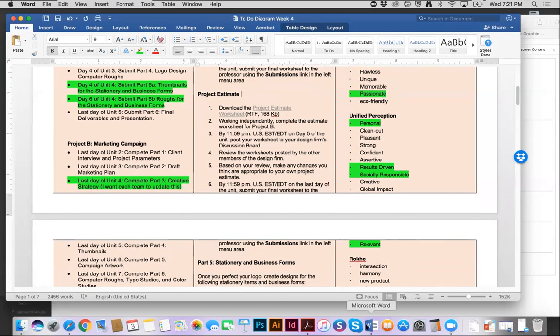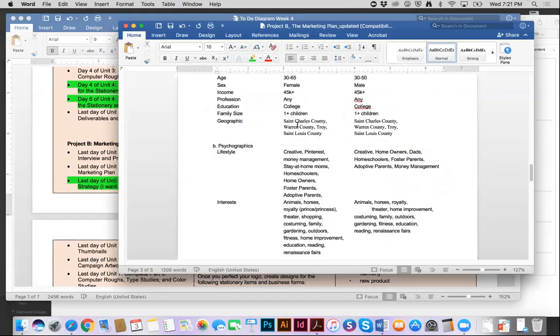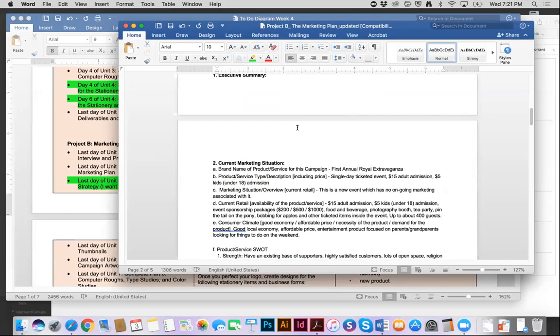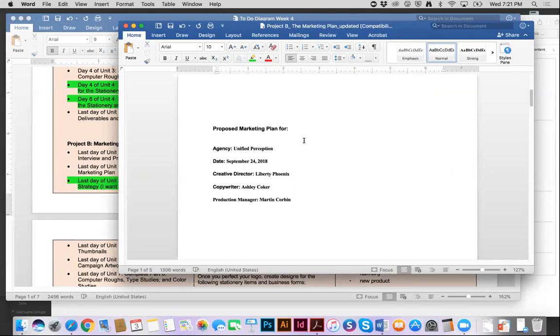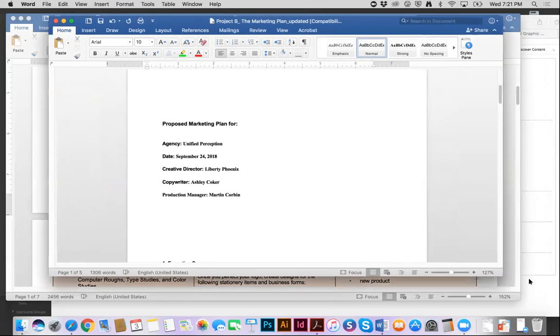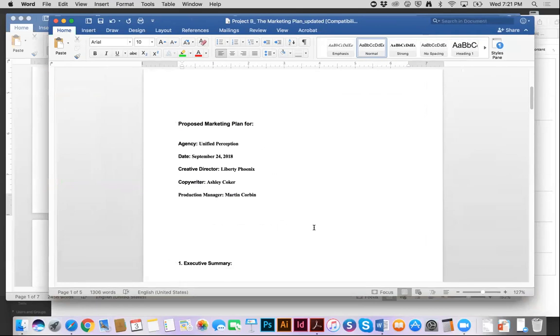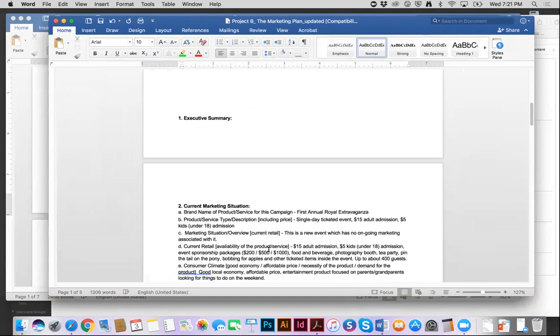I do want to pull up, let's see, I think I have it. This one was updated and submitted by Liberty this afternoon for United Perception. We only did the top part of the marketing plan, but I just wanted to see if you guys have any questions about the sections or within a section as to what something may be.